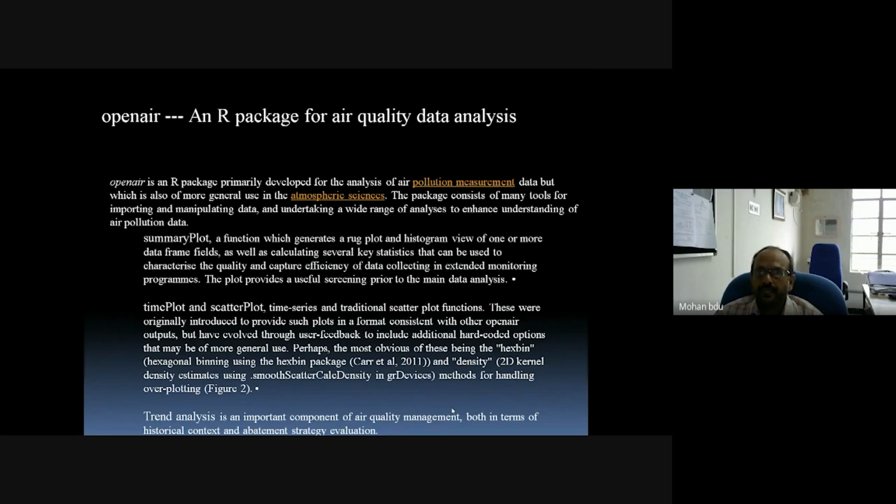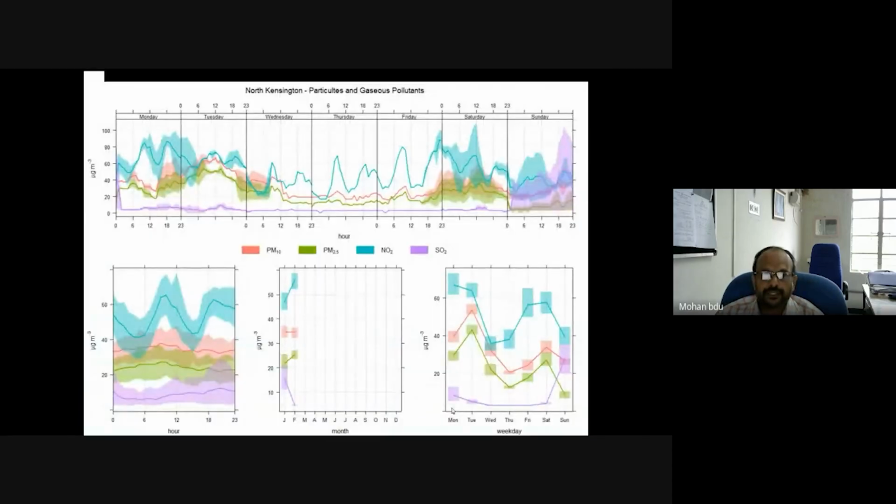For example, if an area has 10 years of air pollution data and the meteorological data, wind speed, wind direction, and other meteorological data, it can analyze and give you data like this. It can present it in a very easily understandable manner.